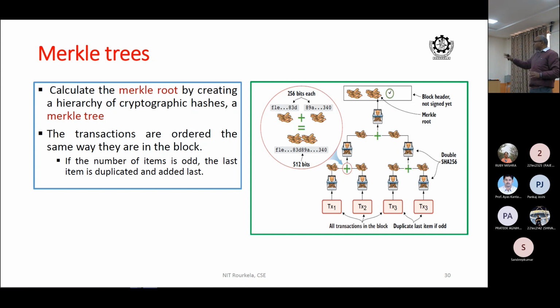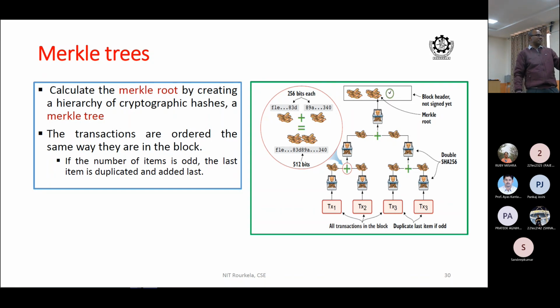So what I'm trying to explain here is that integrity can be checked. So you made a transaction, then finally you create, on the top, you'll find a hash, SHA-256. 256 bits are generated from all this. There is a mechanism to do this. So if any of the transactions is changed, then the 256 bits that are generated are going to change.